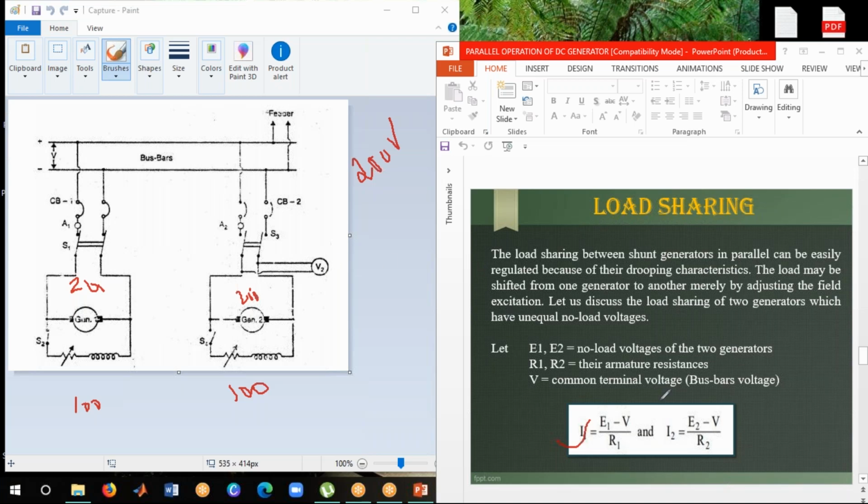Okay, so this is the relation we can use for load sharing.